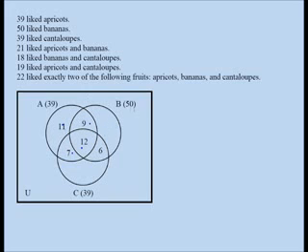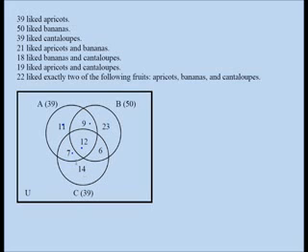To find this number, we're going to subtract from 50 the sum of 9, 12, and 6, and we're going to get 23. To find the number that belongs to this region, or the cardinality of this set, if you want to put it that way, we need to subtract the sum of 6, 12, and 7 from 39, and we get 14.